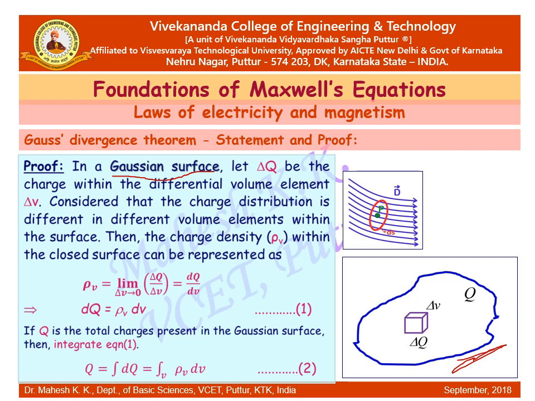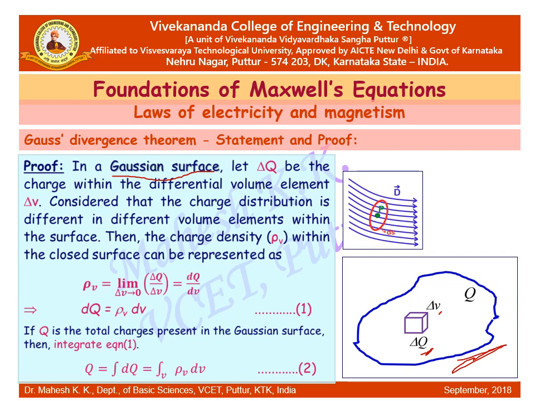So here also you consider delta Q to be the charge within the differential volume element delta V. Consider that the charge distribution is different in different volume elements within the surface.